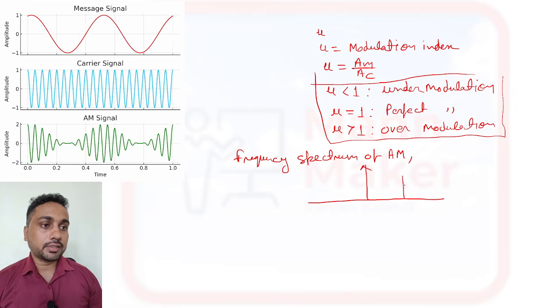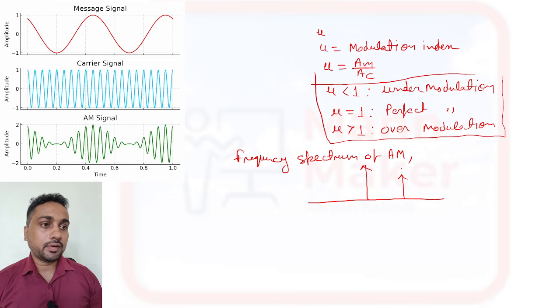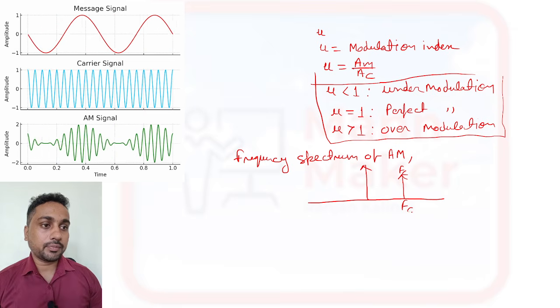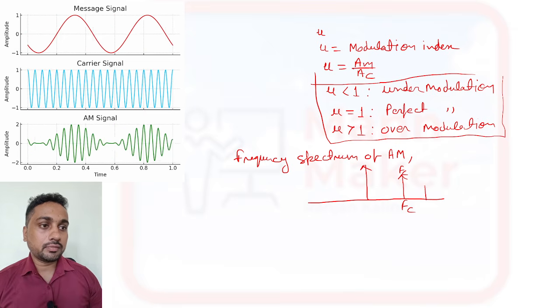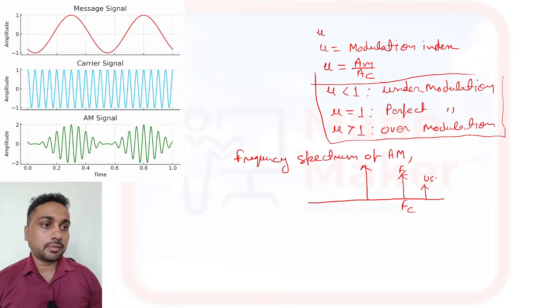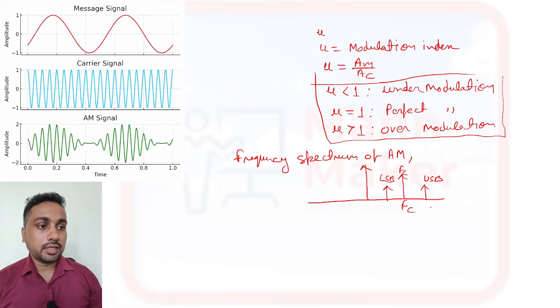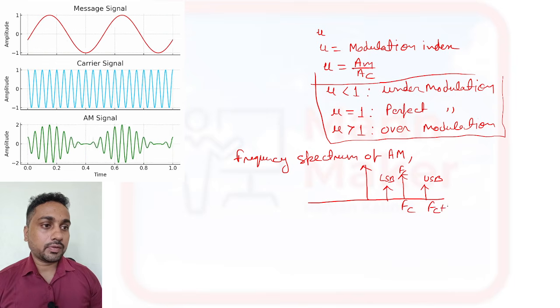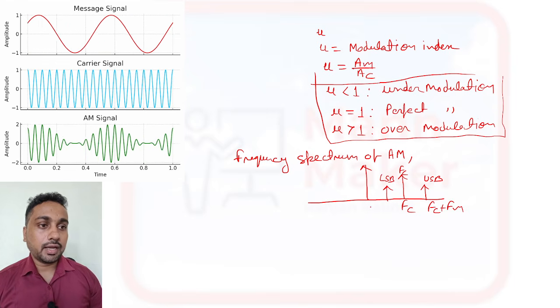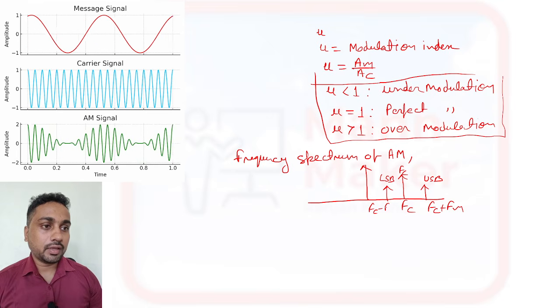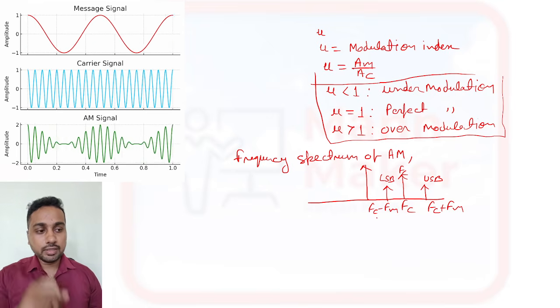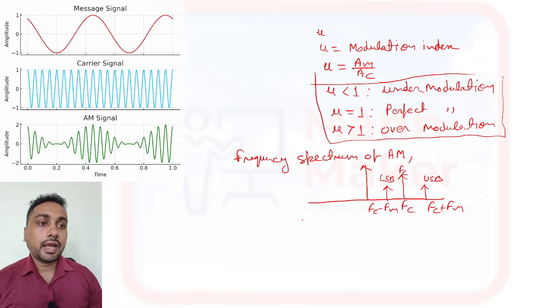It has a carrier signal, this is your FC carrier signal. Here we can write FC, and we have this one as your upper sideband, and this as your lower sideband. This will be your FC plus FM, the upper sideband, and FC minus FM, that is your lower sideband.